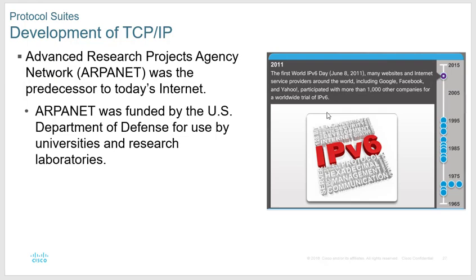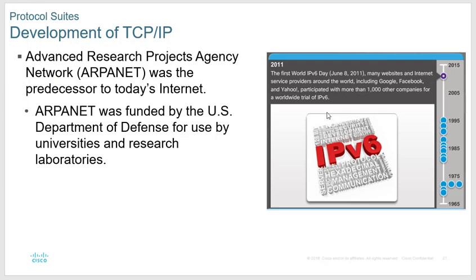They had no idea how big PCs were going to be 20, 30 years down the road, and IP version 4 only supports, I want to say, 17 or 18 million addresses, something pretty small. In today's world, there's obviously way more than 17 million PCs out there, so they had to come up with something else. That's when they came up with IP version 6, which is relatively new.